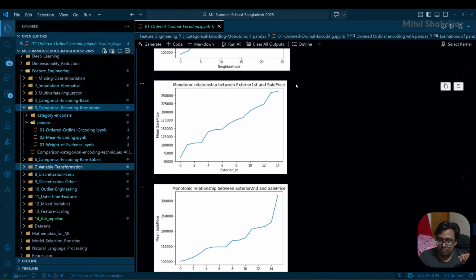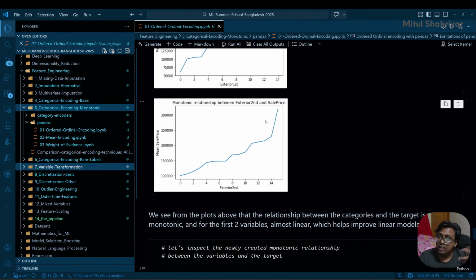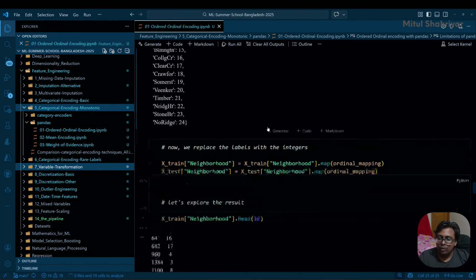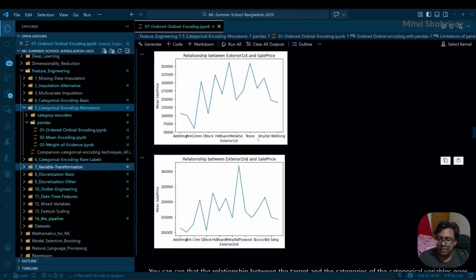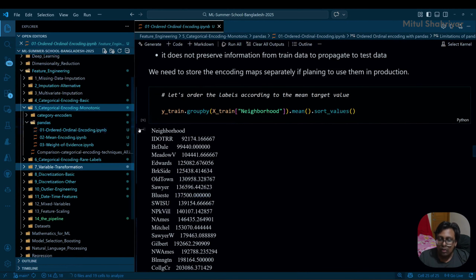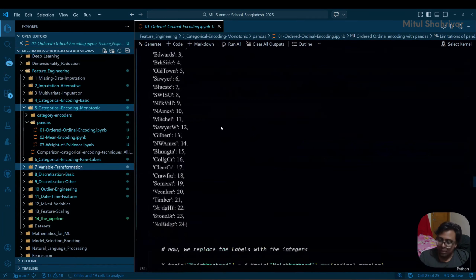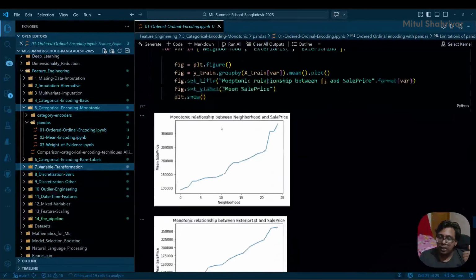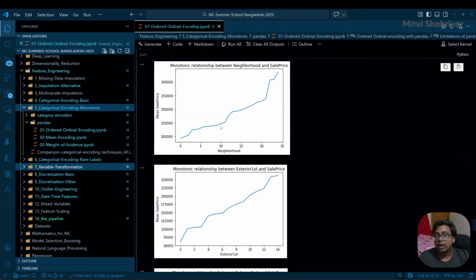Before, all of these had something like this, lots of zigzag. But after the ordered ordinal encoding, it is better now. So there's a high chance that our model will get a connection between these two.